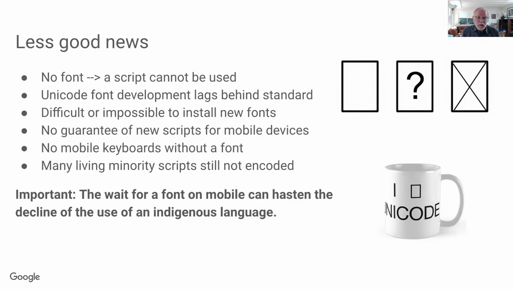And for mobile devices, typically, there is no guarantee that these new scripts will be available. And when there's no font, of course, a mobile keyboard doesn't work. And also, many living scripts are still not encoded in the Unicode standard. It's really important to note that the wait for a font on mobile is one of the biggest issues, and it can hasten the decline of a language.